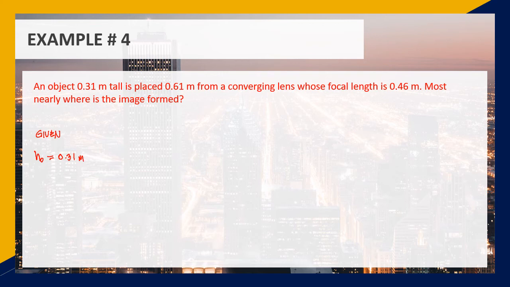Then another is the distance of the object, which is 0.61 meters. Then the focal length is 0.46. Since our lens is converging, the sign of our focal length is positive. So, most nearly, where is the image formed? What we are looking for is just the distance of the image. Okay? So formula.